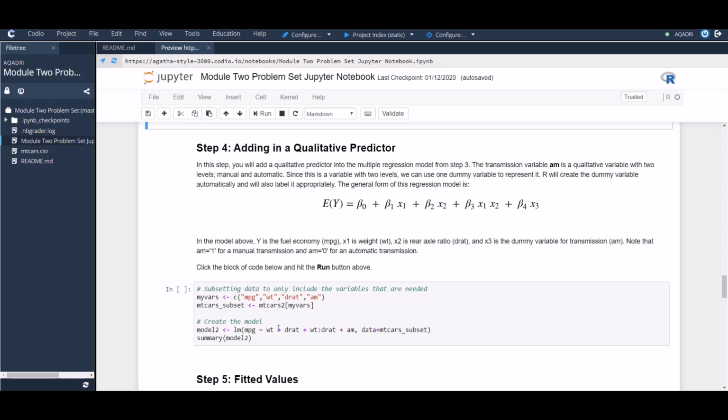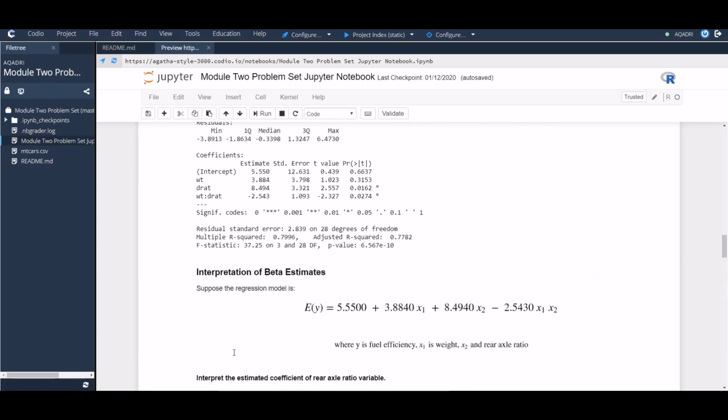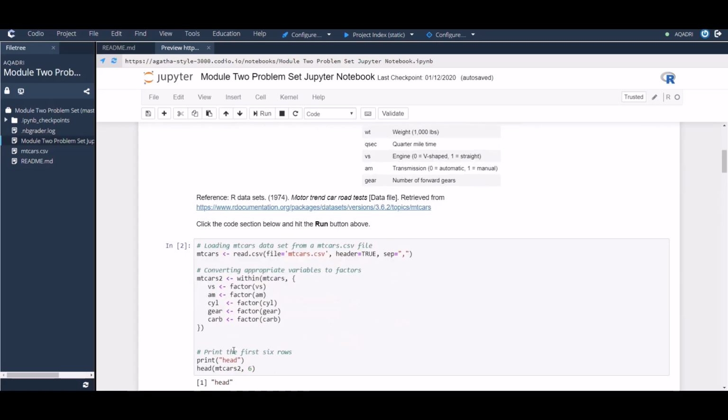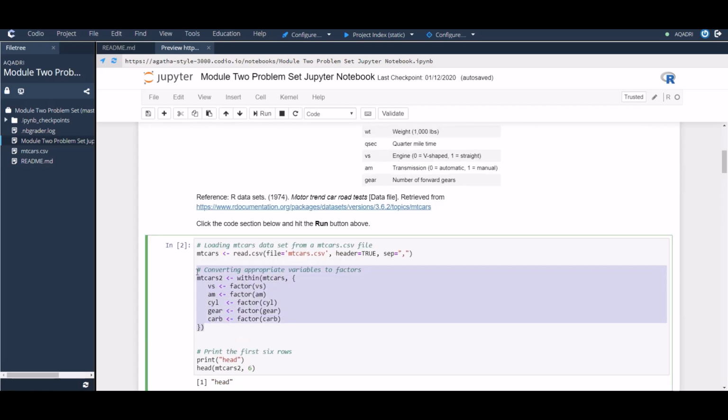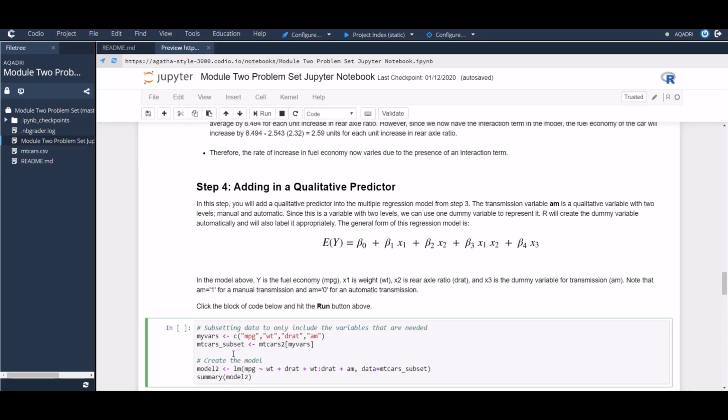Now, the nice thing is that once you use the lm function in R to create the model, R will automatically generate the dummy variables for you. So you don't have to tell R how many dummy variables it needs to create. Just as long as you have coded the variable in this step as a factor, once you've created the factors for it, R knows how many dummy variables it needs to create.